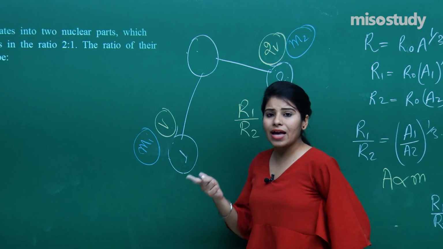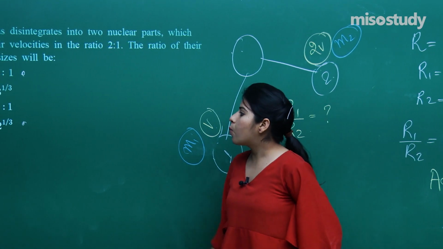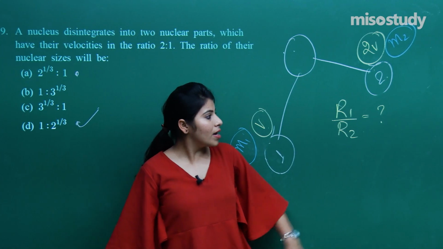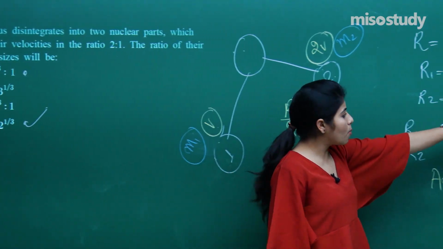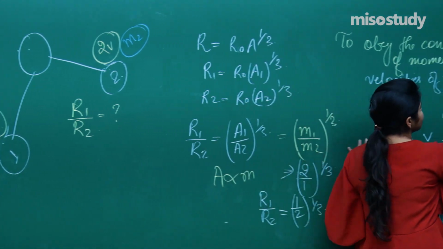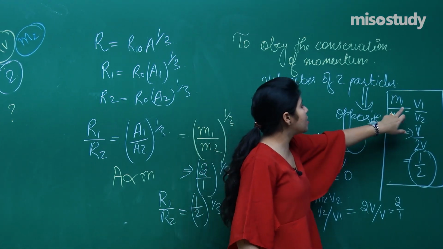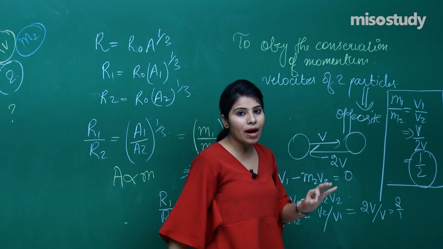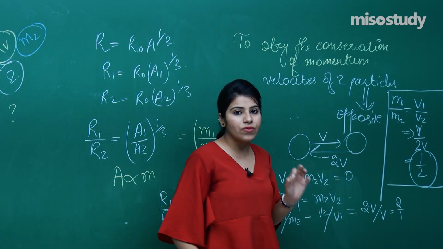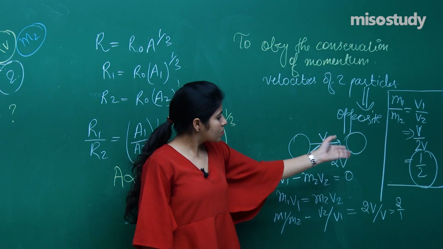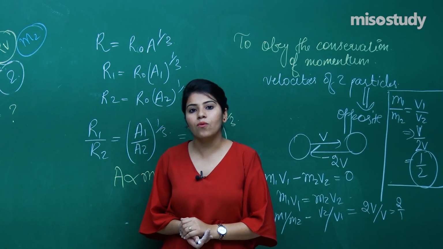So from my side, I am going to take 1 is to 2 raised to the power 1 by 3, right? Just go back to the question. We are considering this case because I have considered the velocity of the m1 particle as v1, and for v1 I have written v, and the m2 particle as 2v, and then the ratio has come out to be 1 by 2.